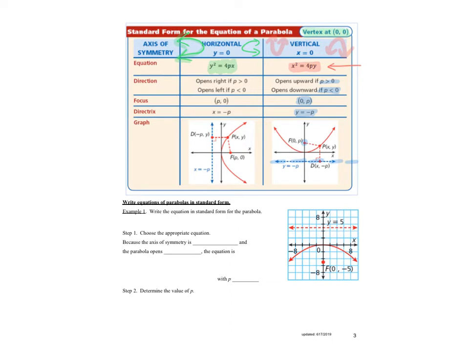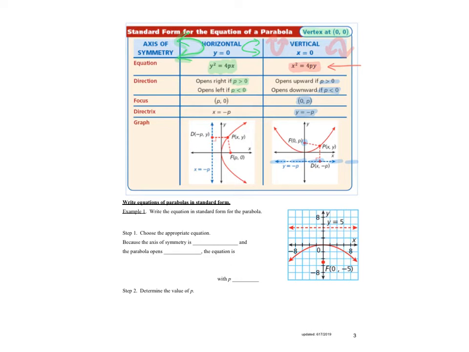Okay. Now, p again controls the direction that the parabola opens in. So if p is positive, the parabola will open to the right. The way to think of that is positive p opens in the positive x direction. If p is negative, the parabola opens to the left, i.e. in the negative x direction.